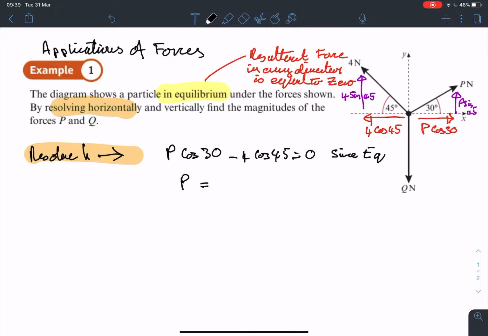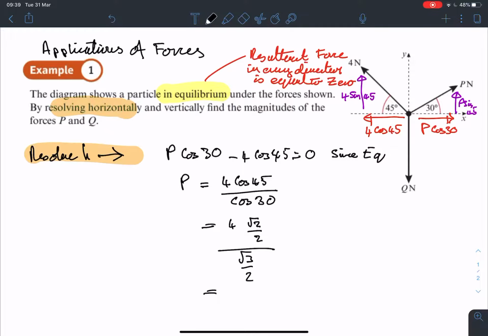P equals 4 cos of 45 over cos of 30. Cos 45 we should know is root 2 over 2. Cos of 30 we should know is root 3 over 2. So we can sort that out.